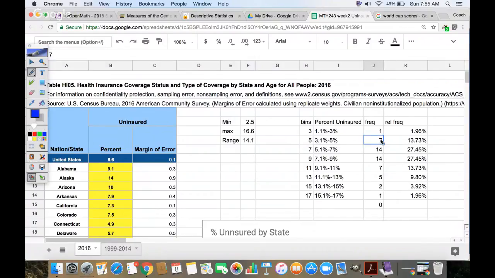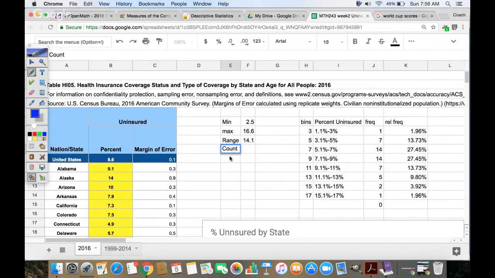I just take 7 and divide by the total of 52 items in this list. So that's something I should have here in my summary statistics. So notice I used the min and the max and the range to guide me on how to set up my groups. I decided to have 8 groups.